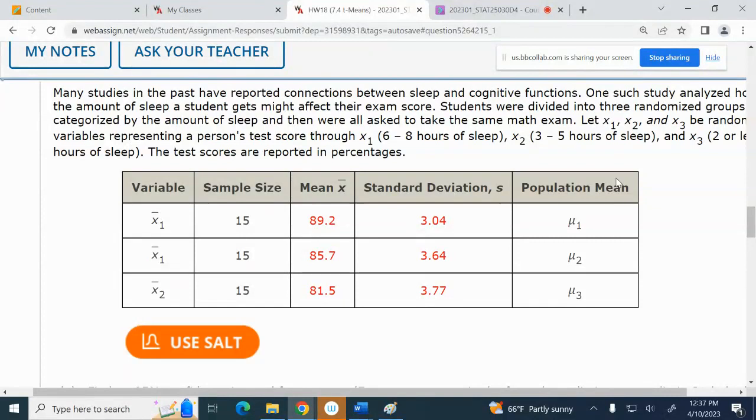Somebody who slept enough, 6 hours to 8 hours, 89. Even if you don't study math, just sleep. Okay, that is misleading, right? It doesn't make sense. But study the math and sleep enough, then your score is better, right?